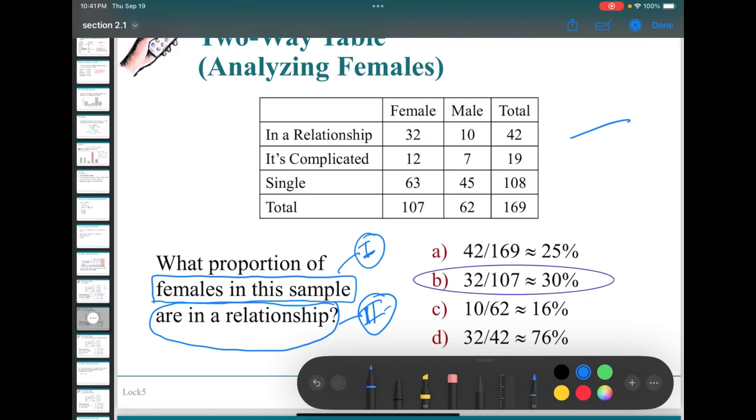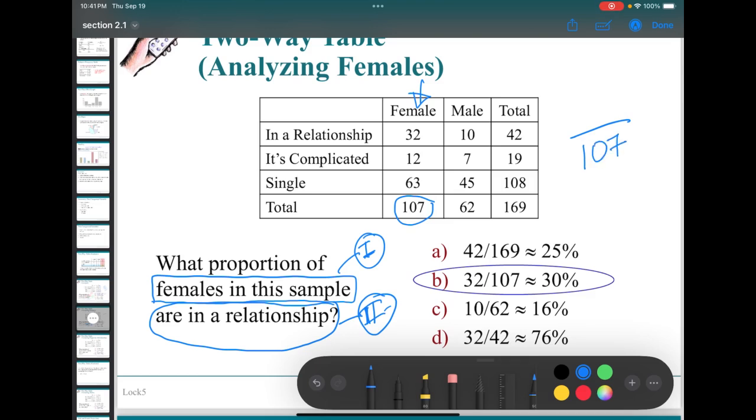Females in this sample: how can I find this female count? The total of this column gives me the female count, which is 107.